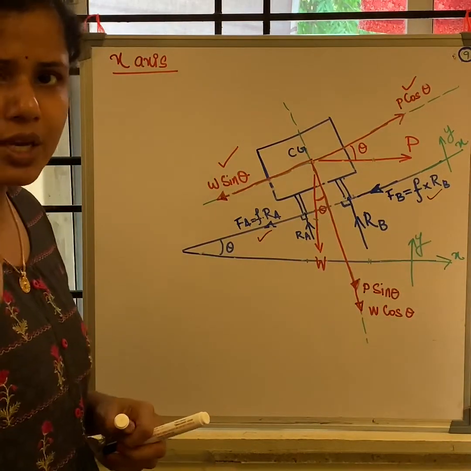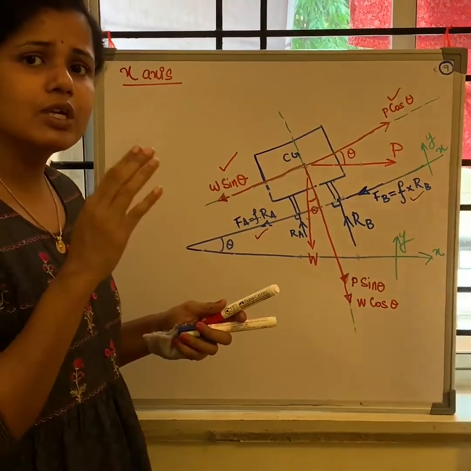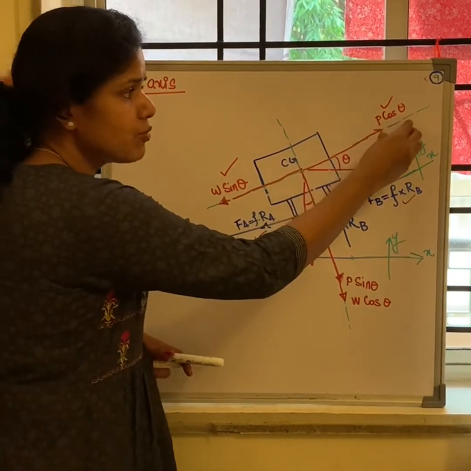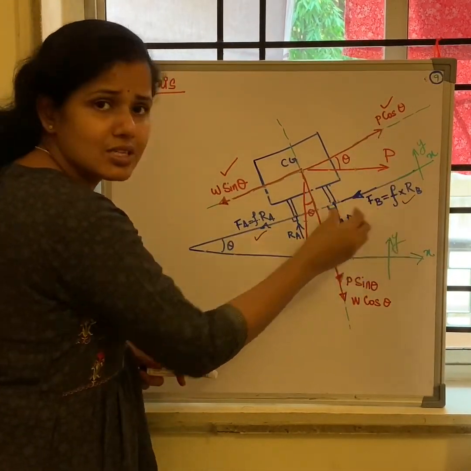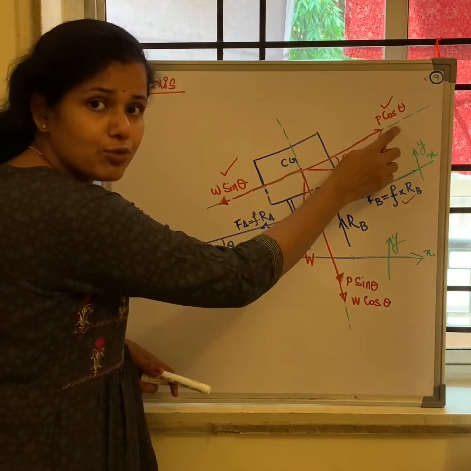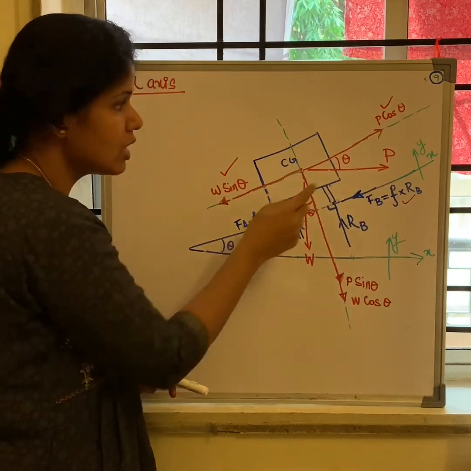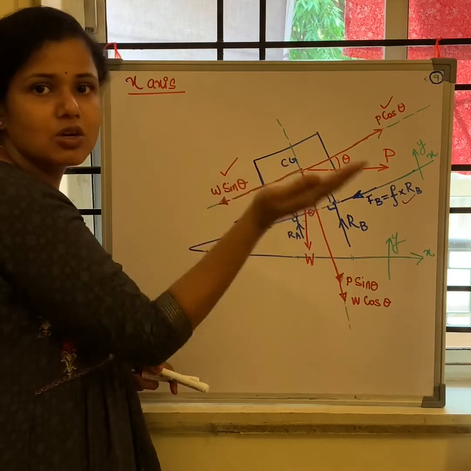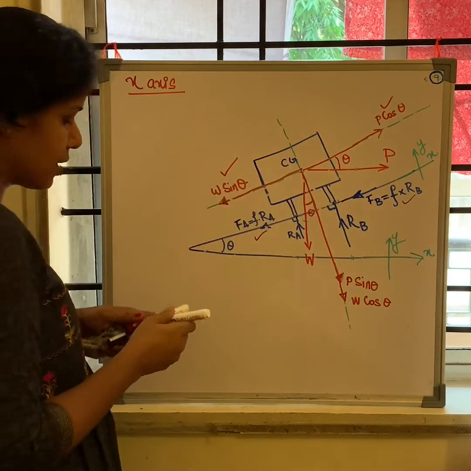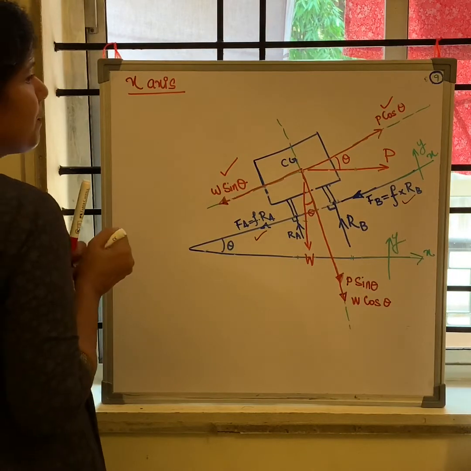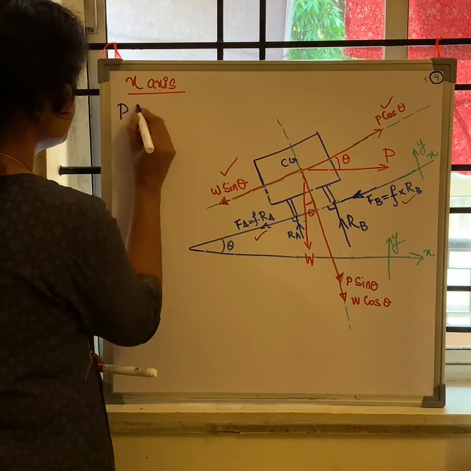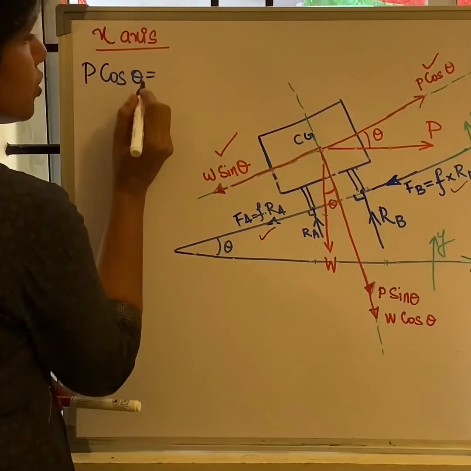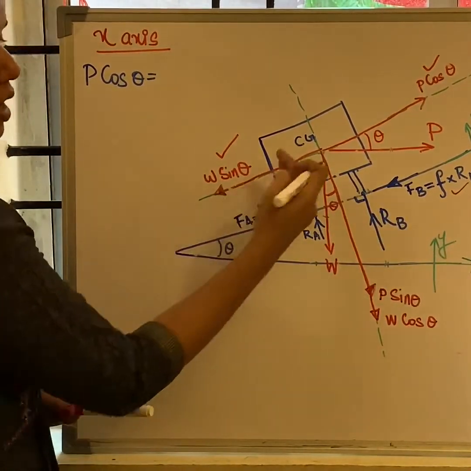Just let me make another point. If you recall how we did it for a plane curve, the centrifugal force was completely resisted by friction. Here another element due to gravity is coming into the picture. That's how the super elevation difference is coming. So let's write the equation. P cos theta is equal to, which are the other forces, because all the three forces are acting inwards.